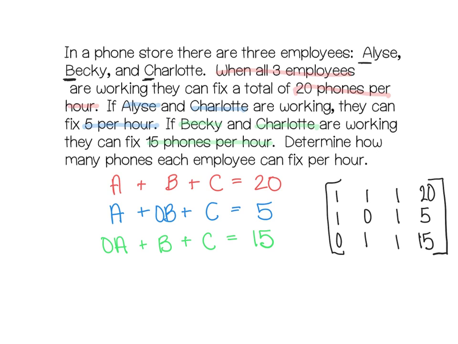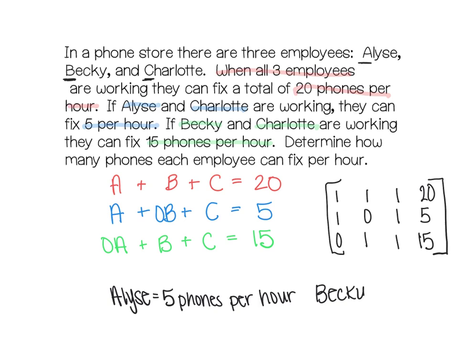When you input this into your calculator and solve, you should get that Elise can fix 5 phones per hour. Becky can fix 15. And Charlotte fixes 0. So maybe we don't want to hire Charlotte.